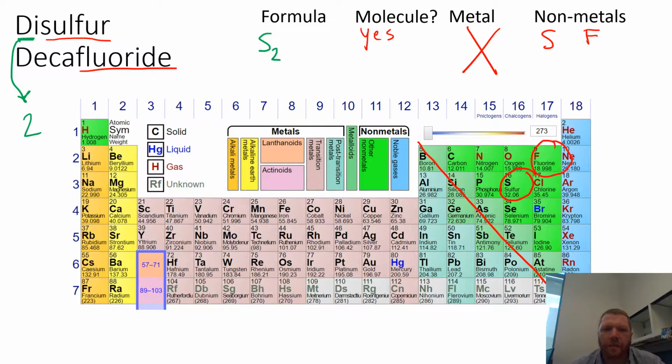Now deca is 10. And that's something that you do need to commit to memory. What are these prefixes? But what does that mean for our formula? That means we have a total of 10 fluoride. So S2F10. And that's our formula for disulfur decafluoride. I hope this was helpful.